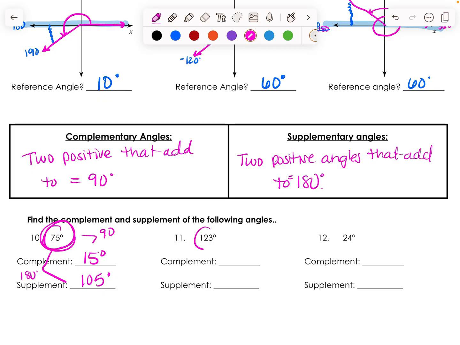Complement for 123, there is none because it's already over 90. Supplement means 180, so 123 plus what is going to be 180? That's 57 degrees. Complement of 24 is 66. And then 156.